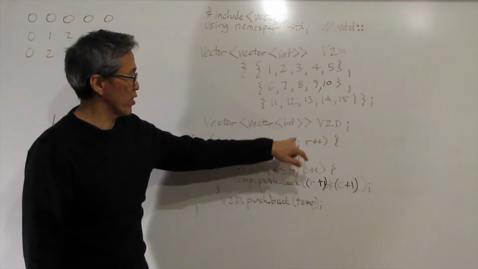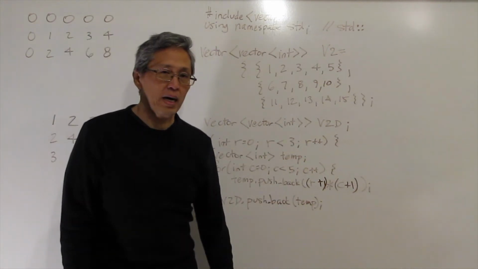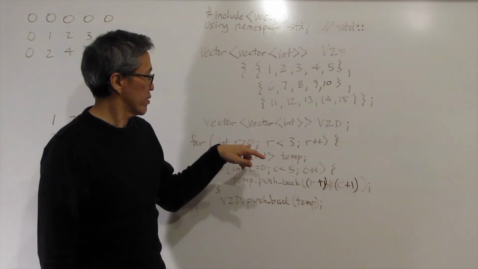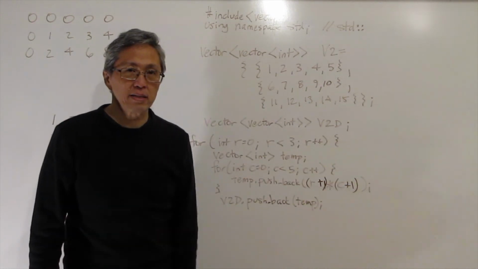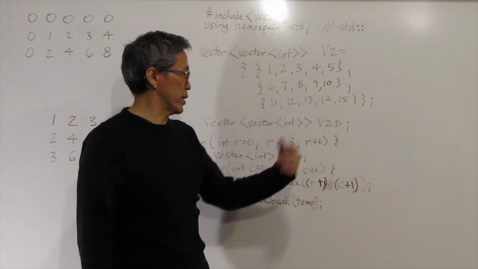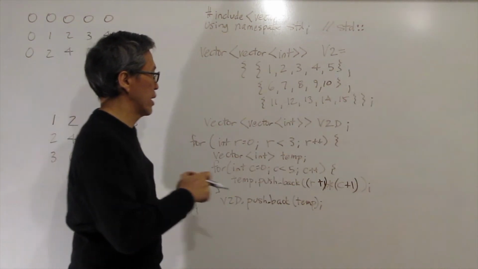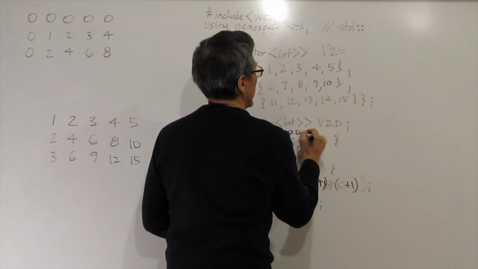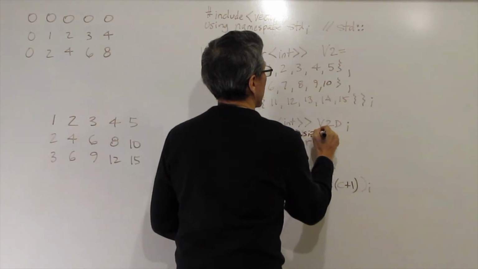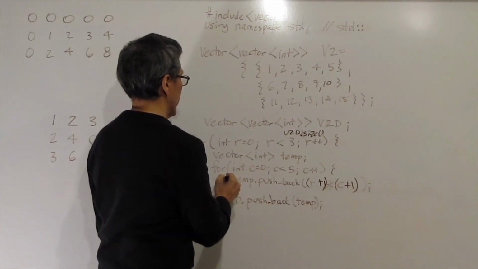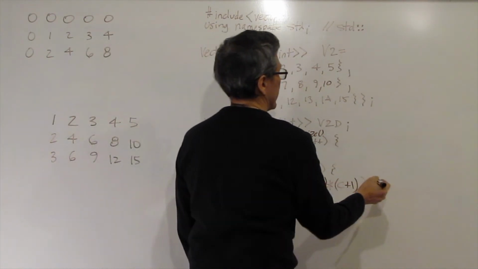And again, instead of the 3, I would put v2d.size. Actually, yeah, let's make sure we do that. If I'm going to output that, I would do v2d.size. I'll do v2d.size if I'm going to output this now. So this would be, instead of this, I'm maybe just going to do a printf instead.